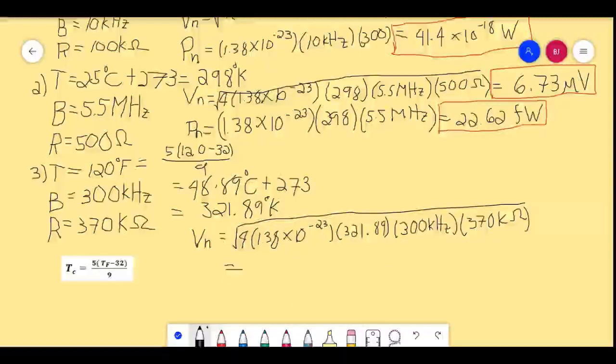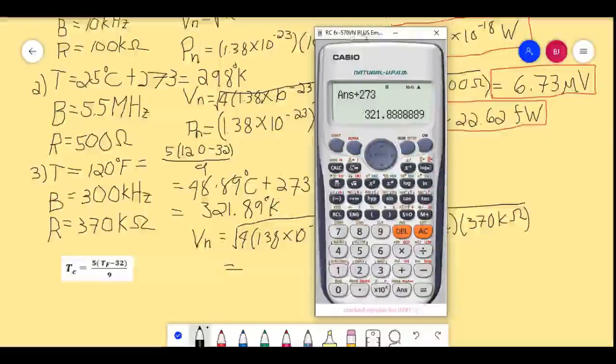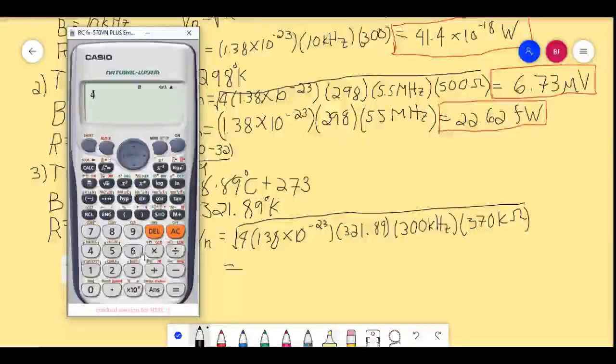So this time around, let's use the calculator again. So 4 times 1.38 exponent negative 23, our Boltzmann's constant, our temperature of 321.89, our bandwidth of 300 kilohertz, 300 exponent 3. Finally, our resistance of 370 kilo ohms. Gives us 1.97 times 10 raised to negative 9.